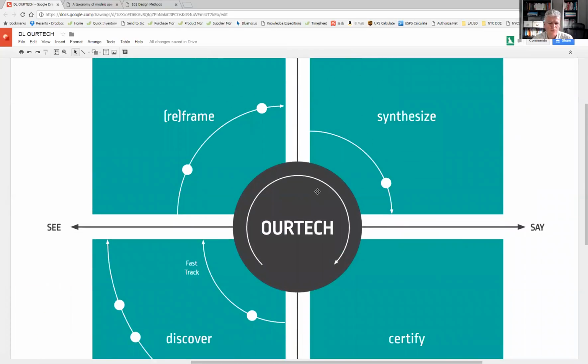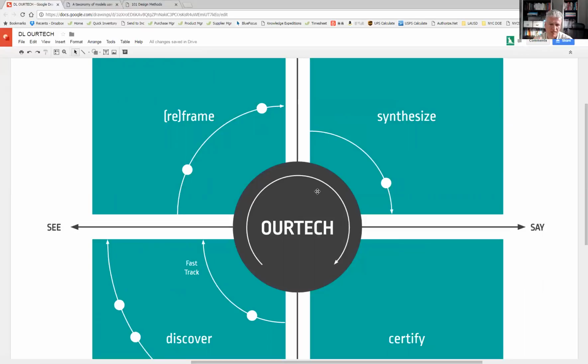So our tech is really the stuff we want to capture, discuss, frame, synthesize, and certify in the Digital Life community. So it includes not only technology in terms of the platform, the different interfaces, the protocols that are behind it, but I think it's also more broadly speaking in terms of how it fits into the socioeconomic environment too.